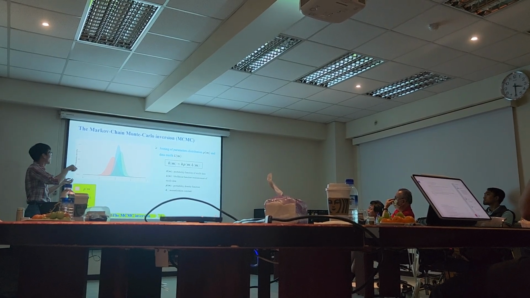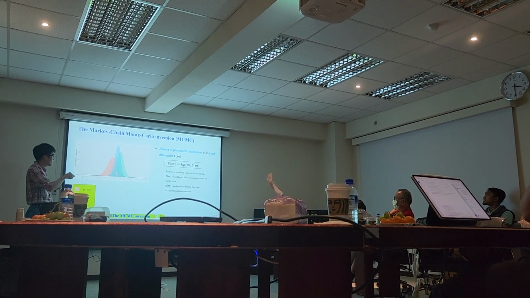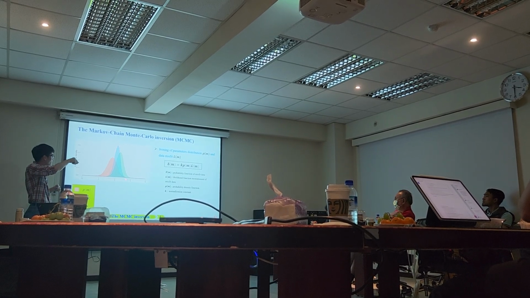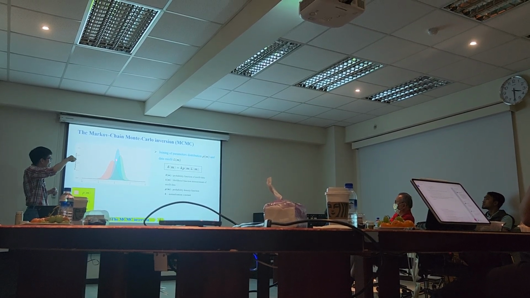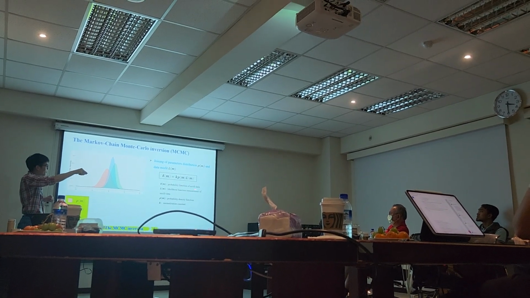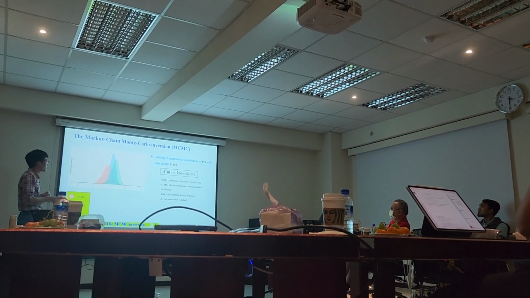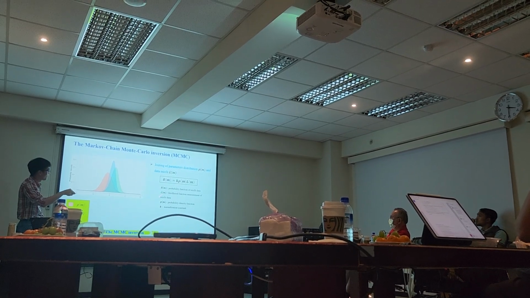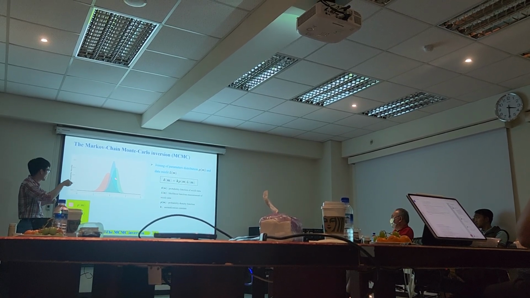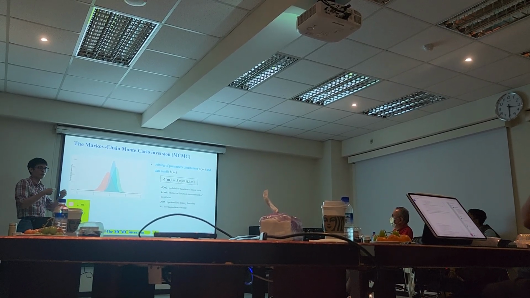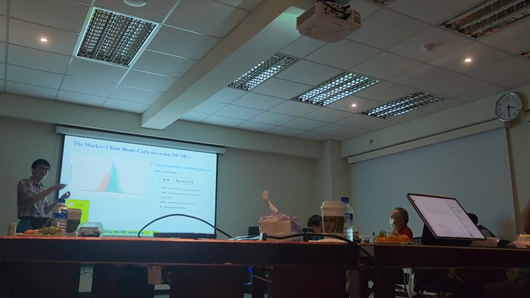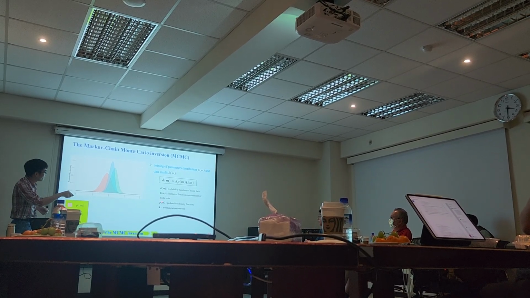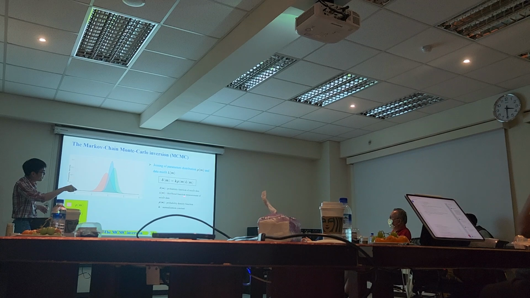In more detail about the Markov chain Monte Carlo inversion, our target is the distribution of the probability function for the data. It is the likelihood, linked to the probability density function. This is generated with the help of the Bayesian generation, and here we also have likelihood functions.